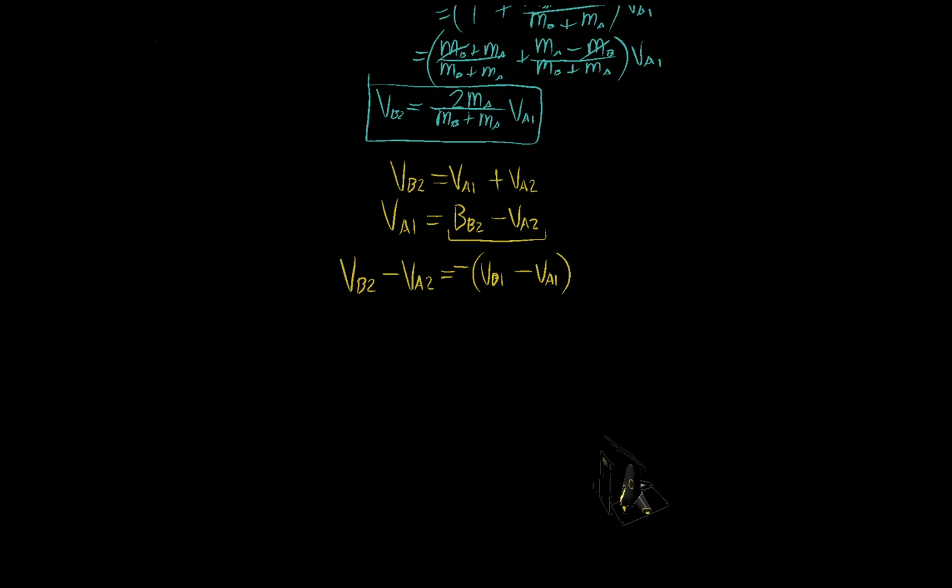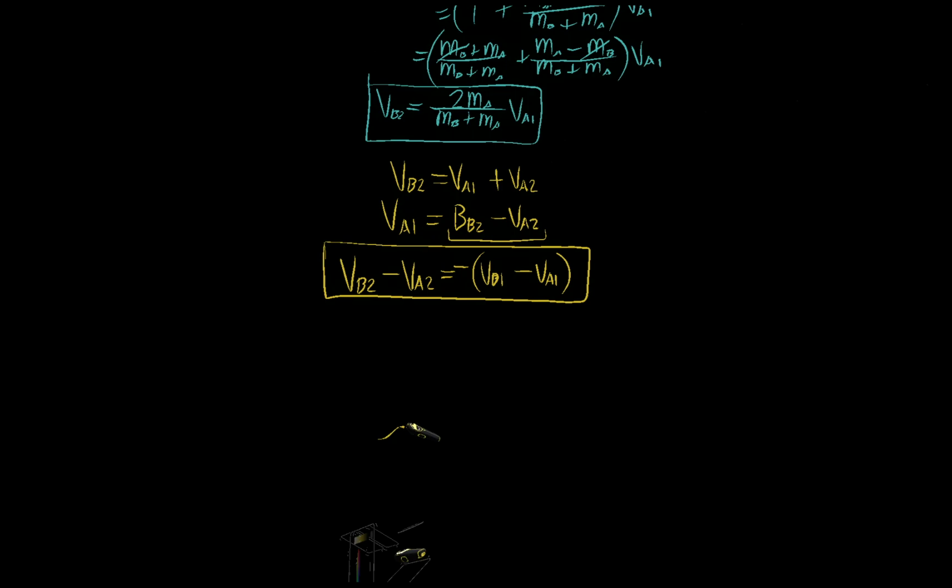In an elastic collision, the relative velocity of the two bodies has the same magnitude before and after the collision. If this condition is satisfied, the total kinetic energy is also conserved because it's an elastic collision. And we have this equation, which is very, very helpful in solving problems like the one that we halted on.